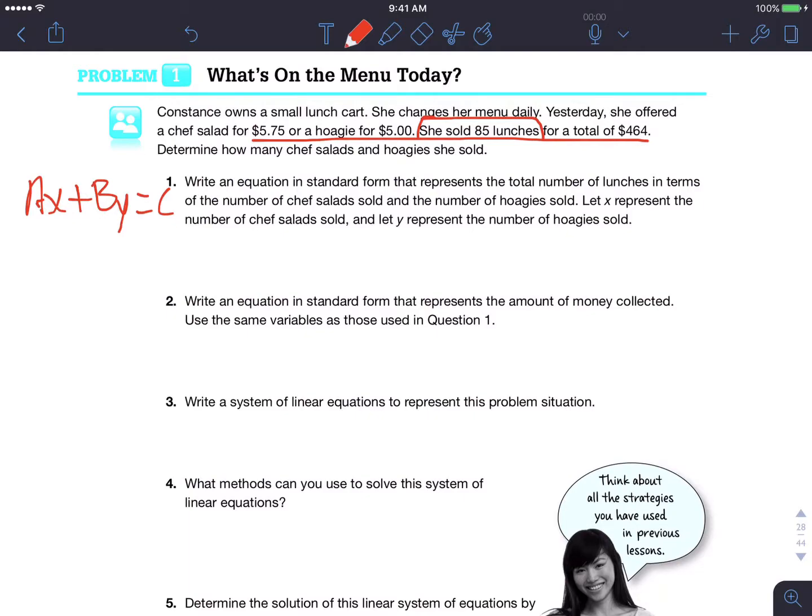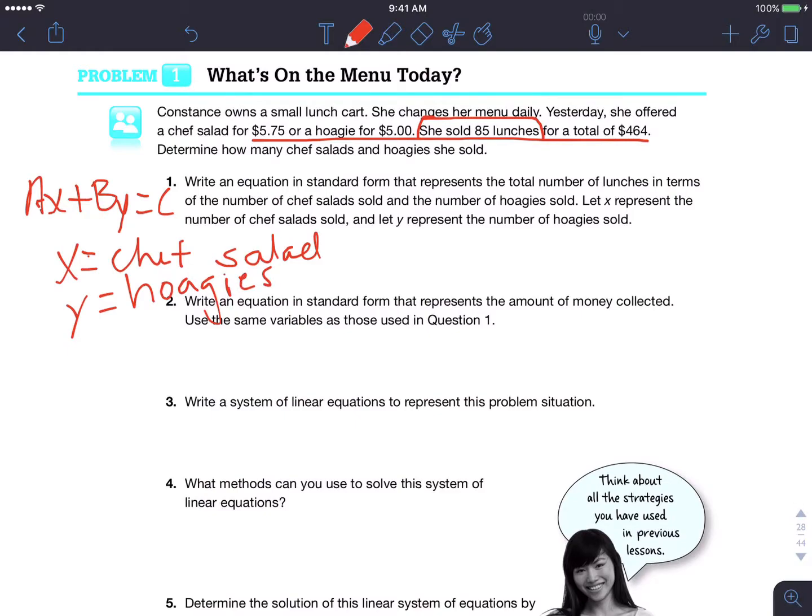85 lunches. Let X represent the number of chef salads and let Y represent the number of hoagies sold. So X is chef salad, and Y equals hoagies.